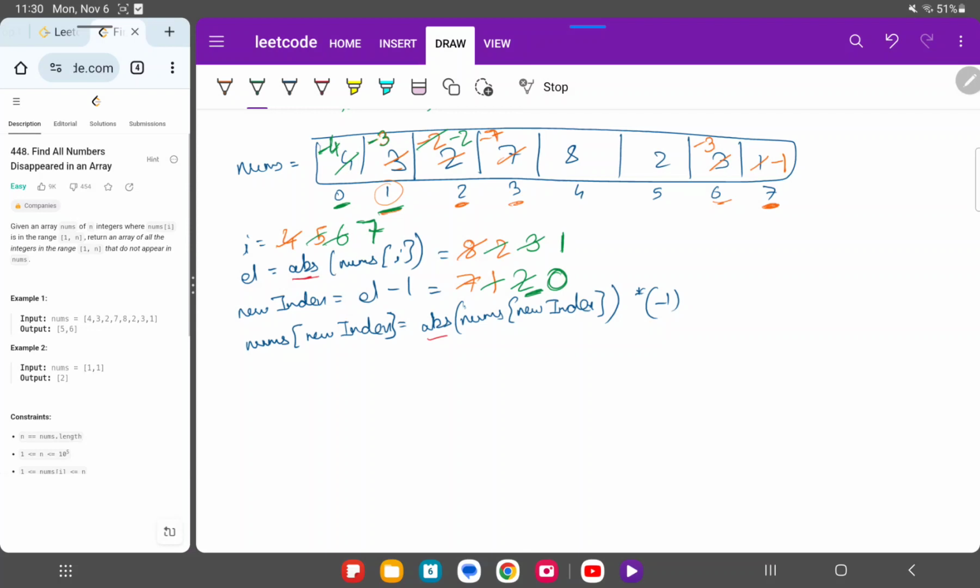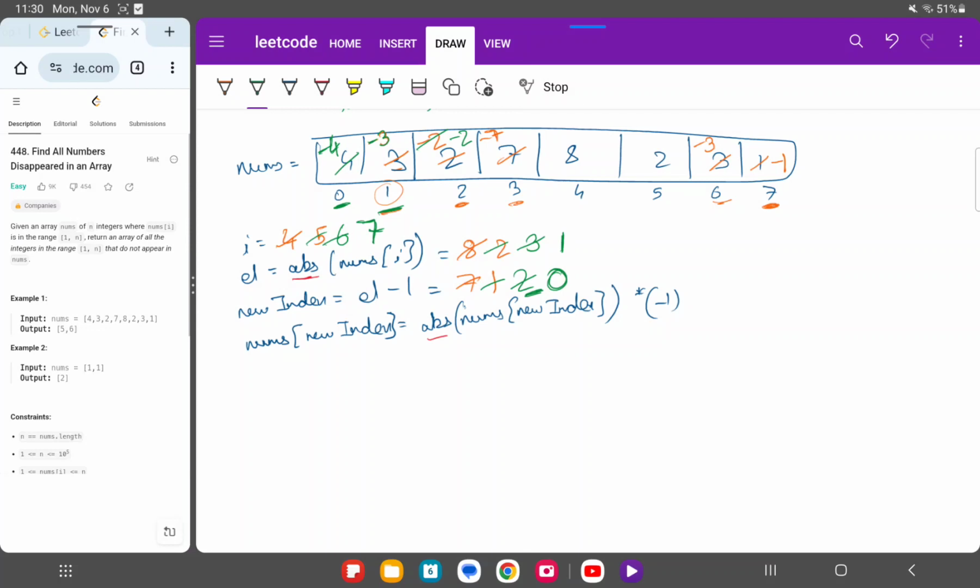Notice again, I'm reiterating, the minus only signifies two things. That the element that is supposed to be at that index is already encountered, and by the minus we're also preserving the original values of the array, so we do not miss any information.